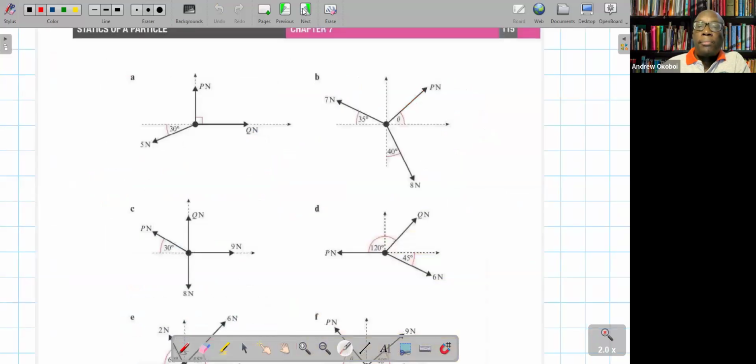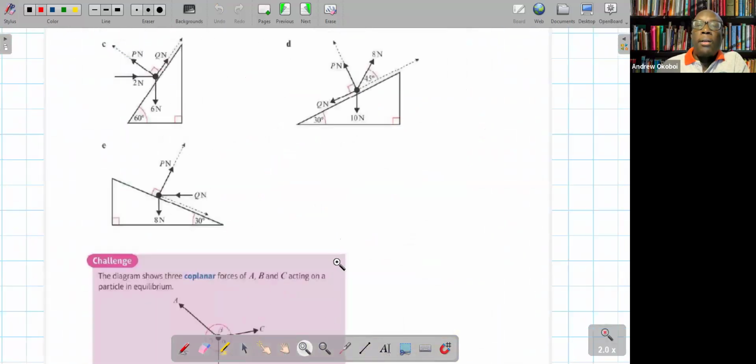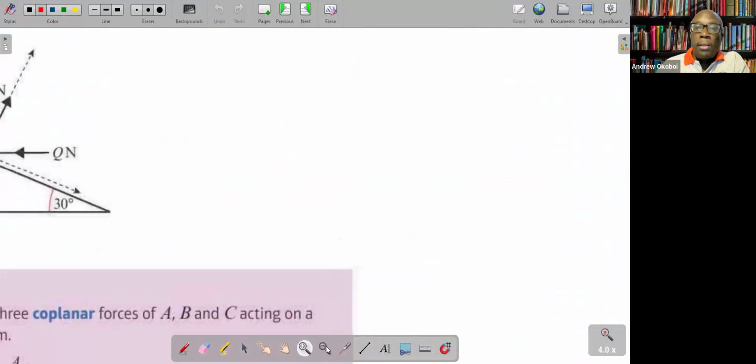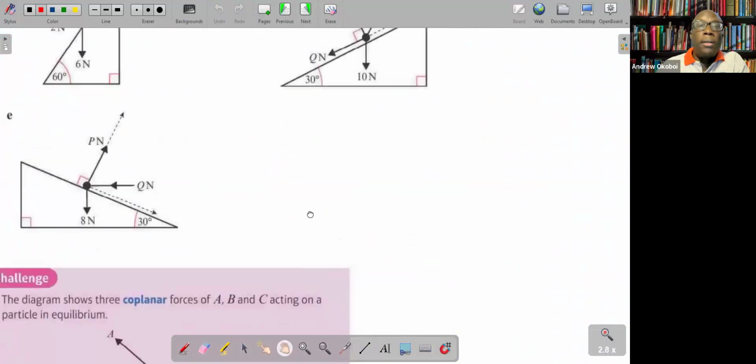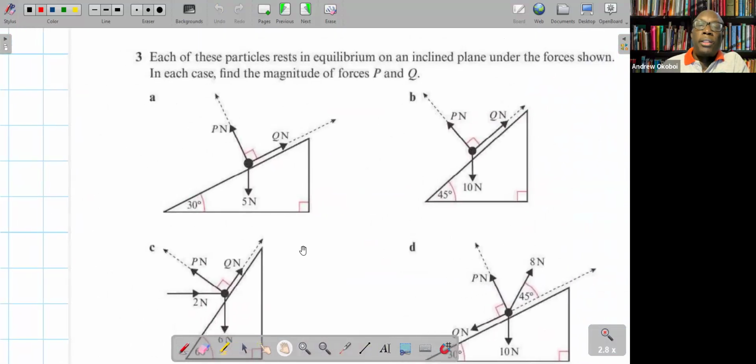I'm going to try and find one on an inclined plane here. Let's pick an easy one first. I'll do A and B. So let me cut it out.